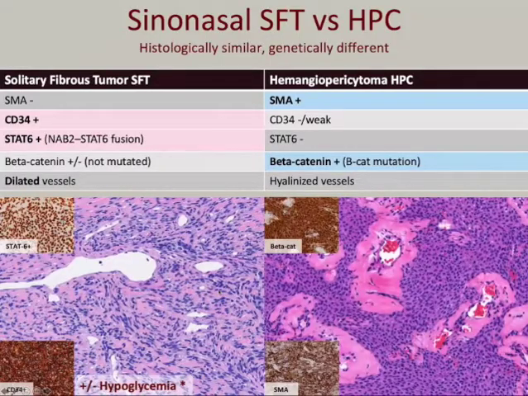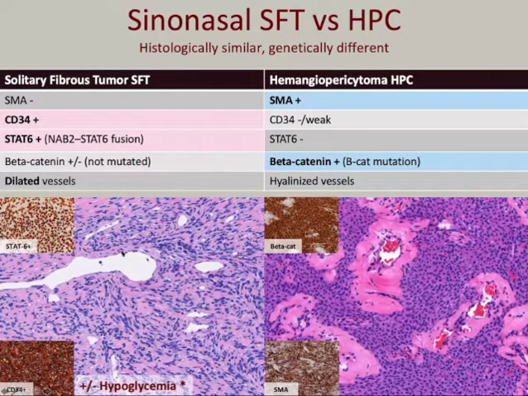Other stromal neoplasms: SFT versus HPC. This is the one area of the body where hemangiopericytoma, or glomangiopericytoma as it sometimes is called, exists pretty much only in the nose.